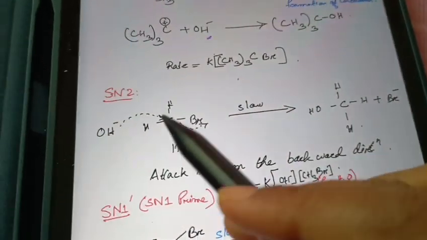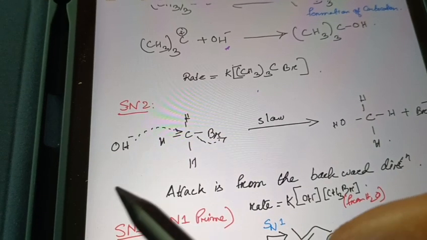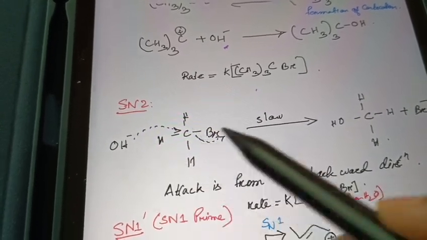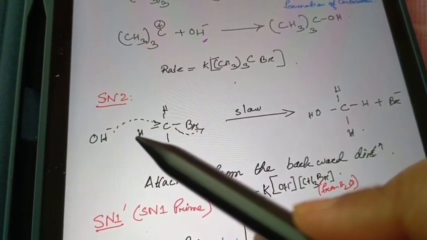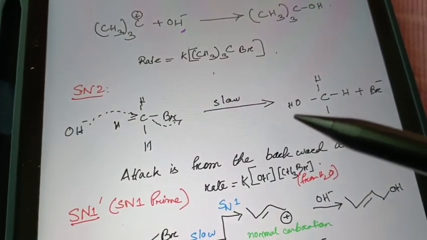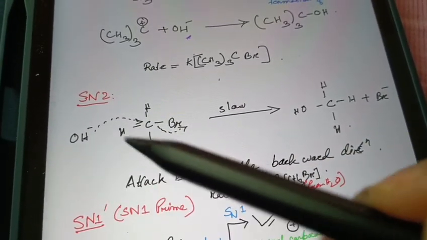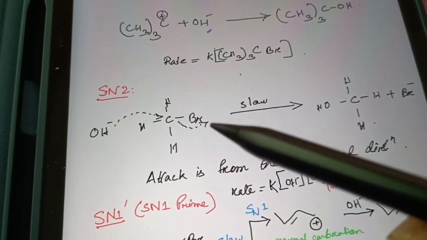So next we are going to discuss SN2 reaction. In SN2, the attack of the nucleophile and the leaving of the leaving group takes place simultaneously, and that is the slowest step. It is a one step reaction, and the nucleophile is attacking the carbon atom from the back side, because the leaving group is already present here.